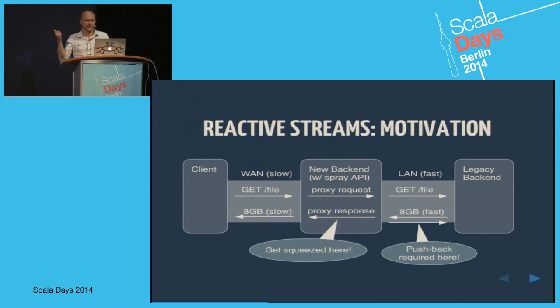If you want to build this with Spray, it's a bit difficult. The way we do it in Spray is that when you read the response coming in from the legacy backend, you can tell the network, suspend reading. I've had enough, please, just don't read from the socket anymore.